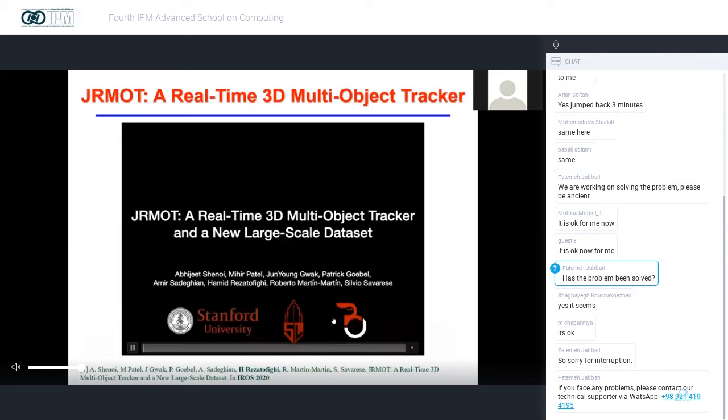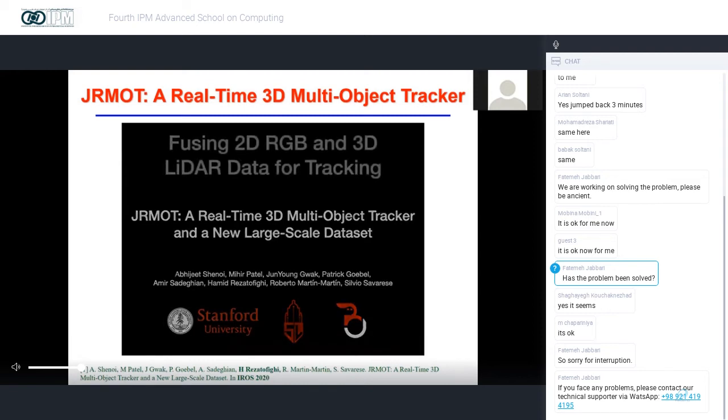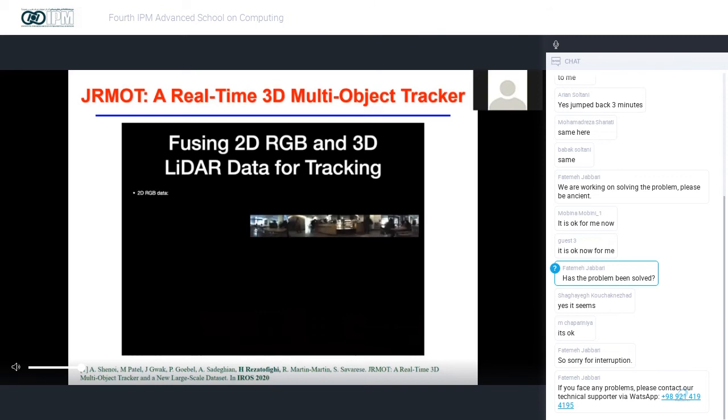The first paper is about how we can do real-time 3D multi-object tracking, and it will appear in IROS this year. This paper is about how we can fuse multimodal sensors and use both RGB and 3D LiDAR data for tracking multiple humans.